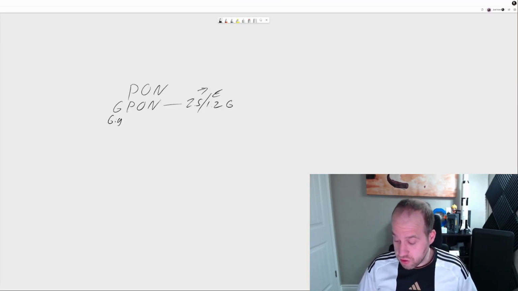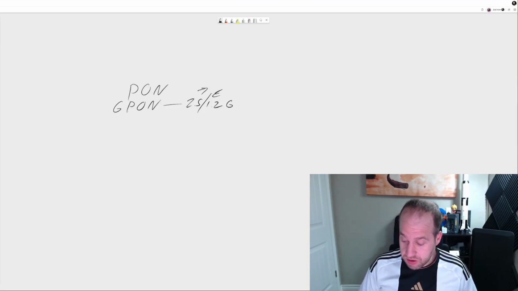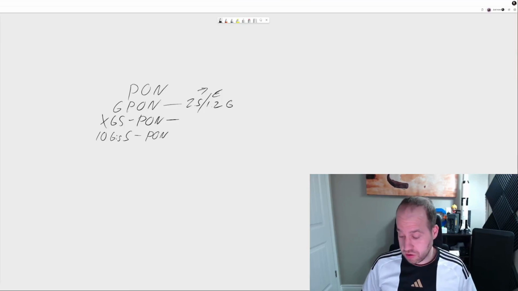The next real evolution to that, and there's many of these, but the biggest one in our industry right now is XGS PON. So XGS, X is 10, G is gig, S is symmetrical, and then passive optical network. So 10 gig symmetrical passive optical network. And what's it capable of? Yep, 10 gigs.